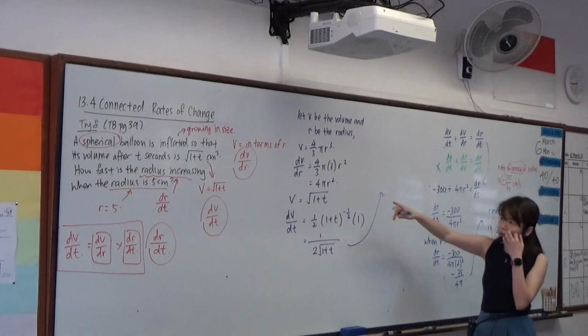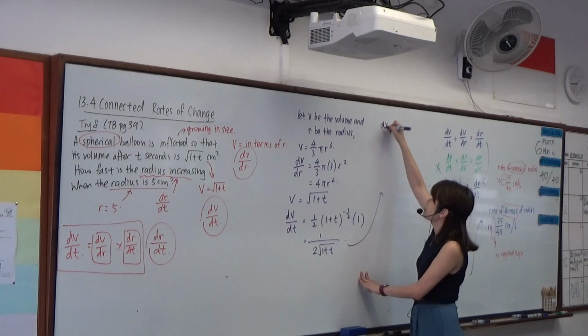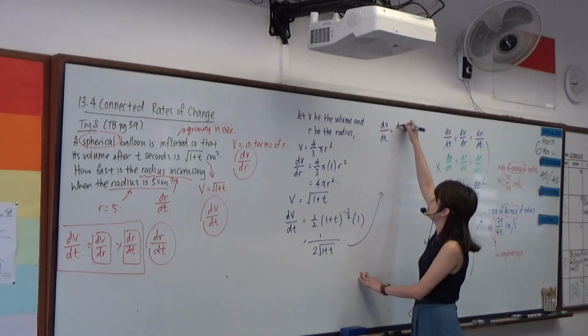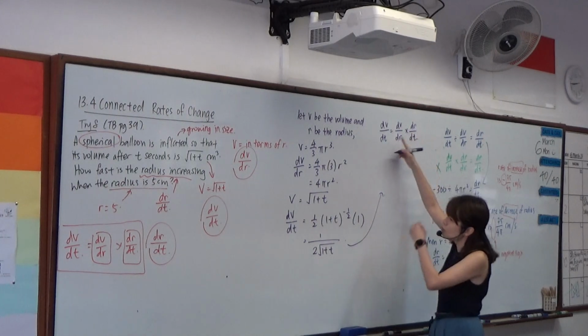Then now, since we have your dv over dr and dv over dt already, our chain rule will be as such.